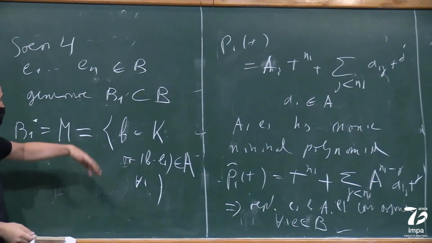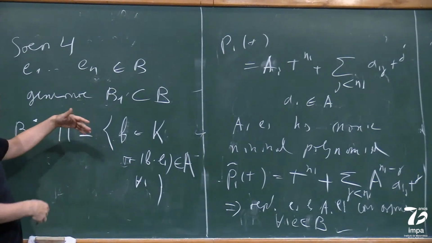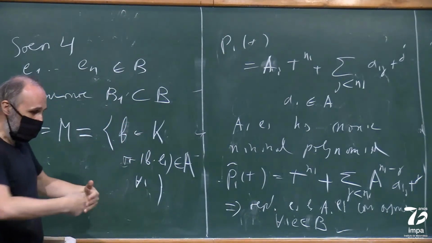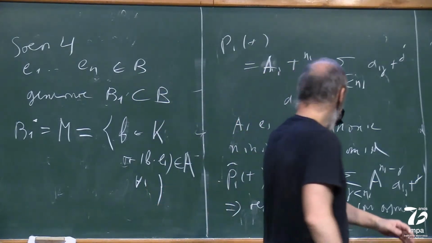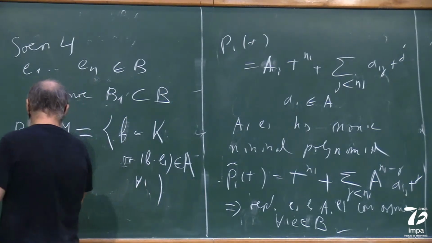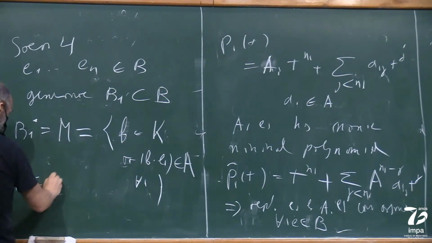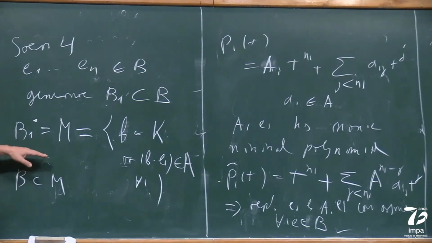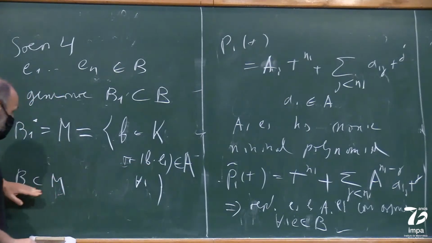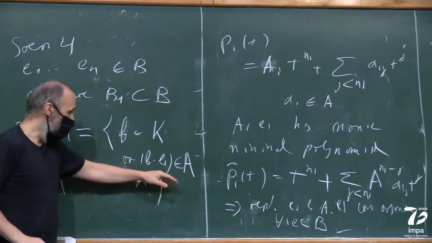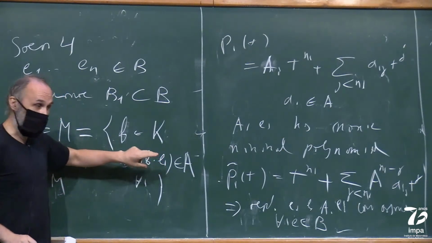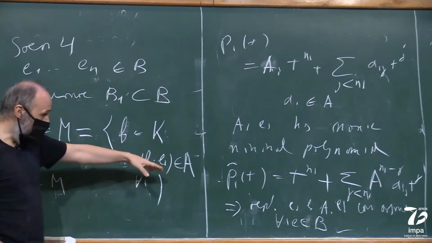For instance, if A were the integers, this would be an integer valued form, and this is just a dual submodule, like a dual lattice. Of course, it's much bigger because clearly B belongs to M. This is because for all elements of B, their traces belong to A. And if something belongs to B, you multiply it by e_i, the product also belongs to B, so the trace belongs to A.